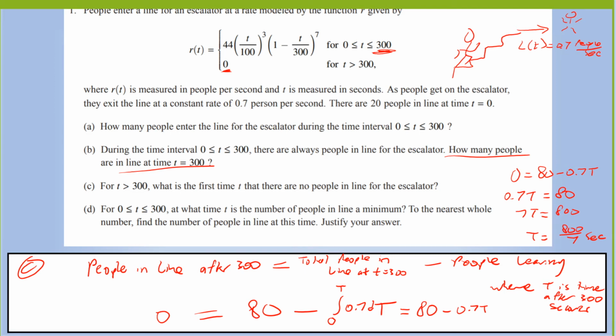However, that t is time after 300. So I'm going to have to add 300 to that to figure out what lowercase t this would be. So t equals 300 plus capital T equals 300 plus 800 sevenths seconds.